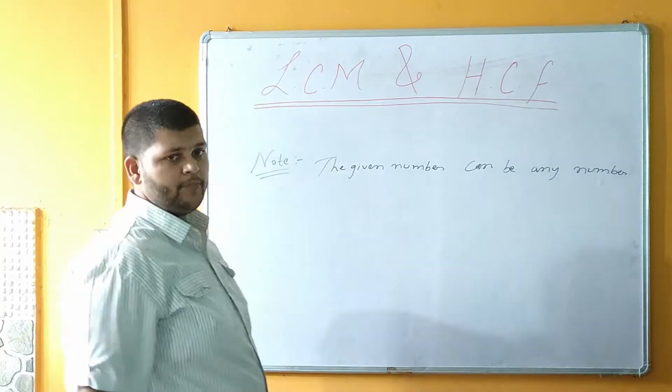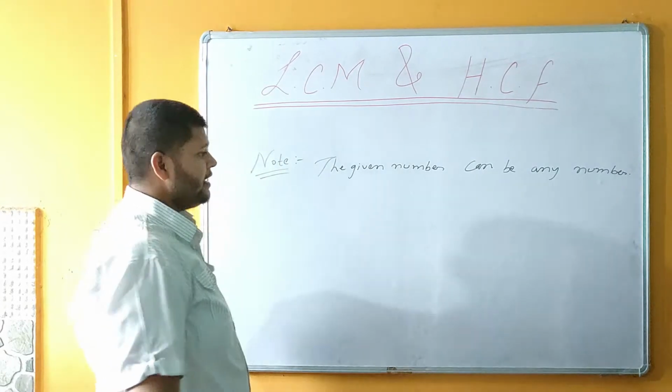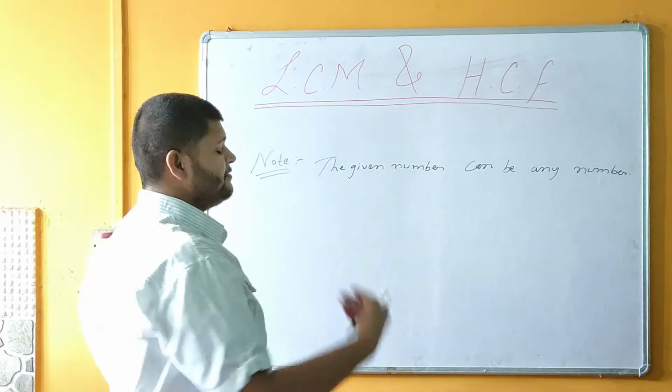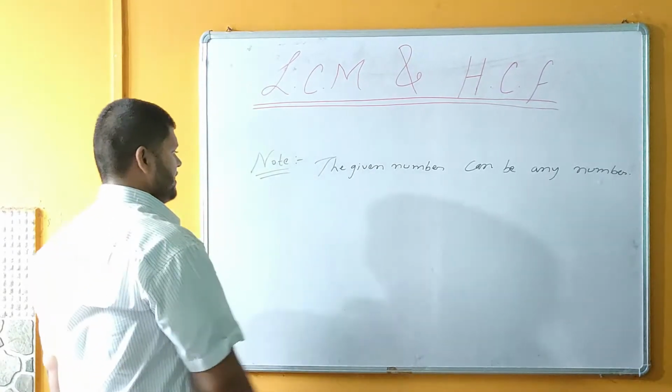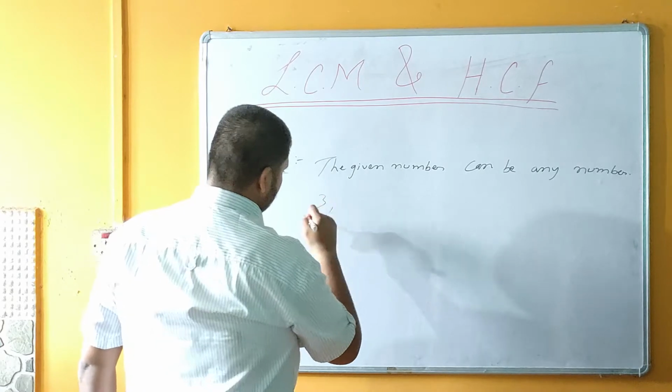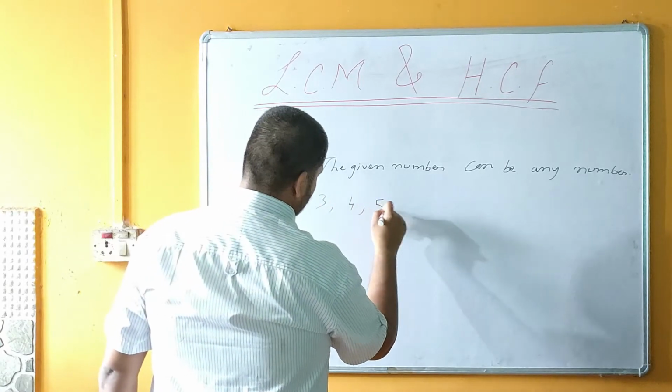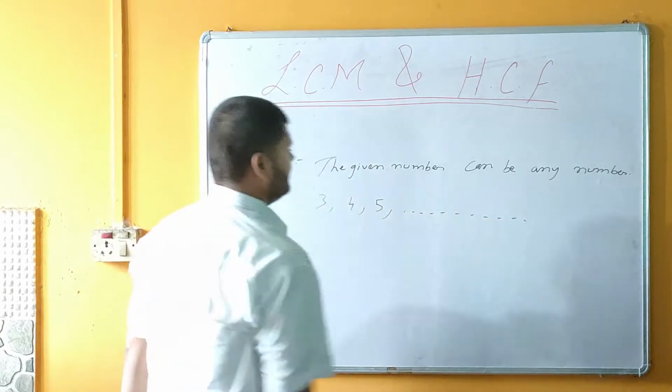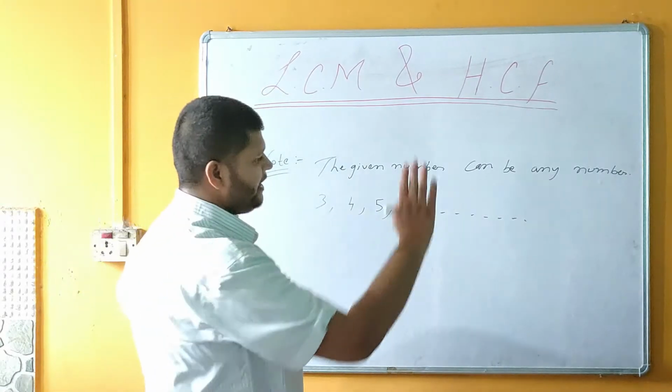In the previous example, we took the given number as 2. You can take the given number as per your convenience. You can take 3, you can take 4, you can take 5. In this way, it will go up to infinity. The given number can be anything.